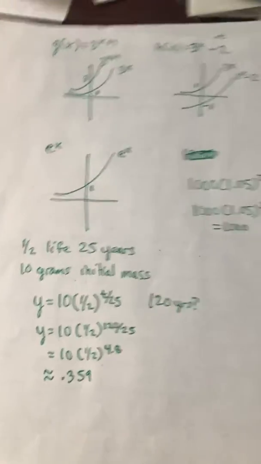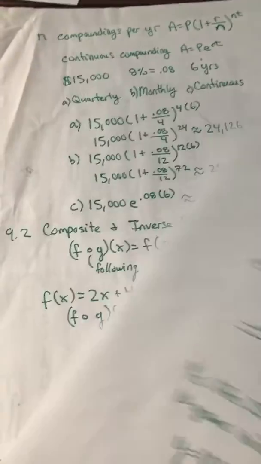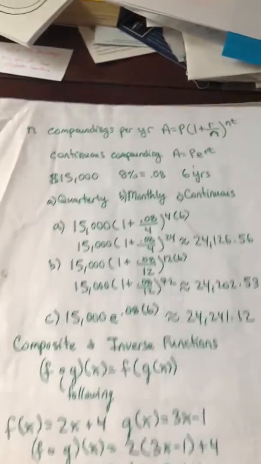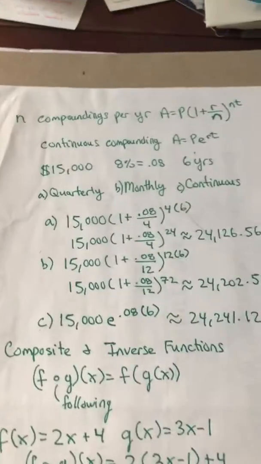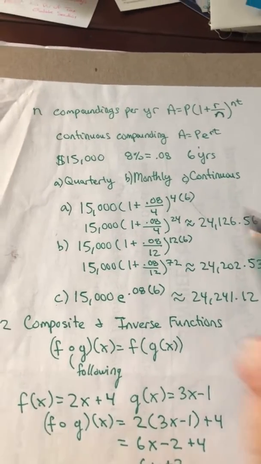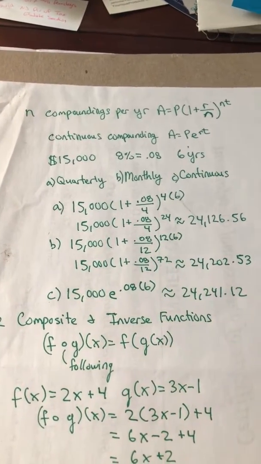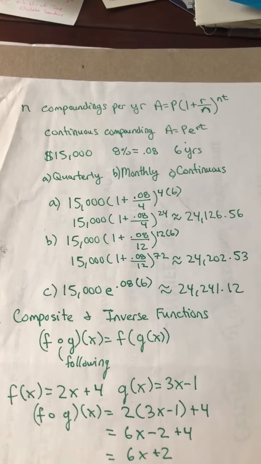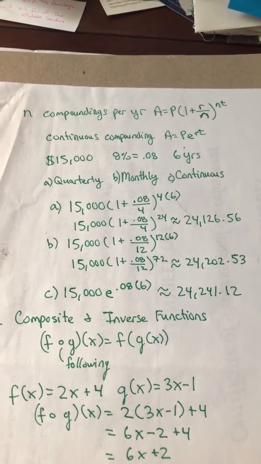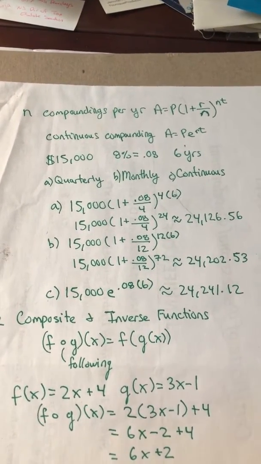Another problem that comes up a lot with exponential functions is compounding, different ways of compounding money. You can either do n compoundings per year, whether it's monthly or quarterly, as the example we have here, or you can continuously compound.